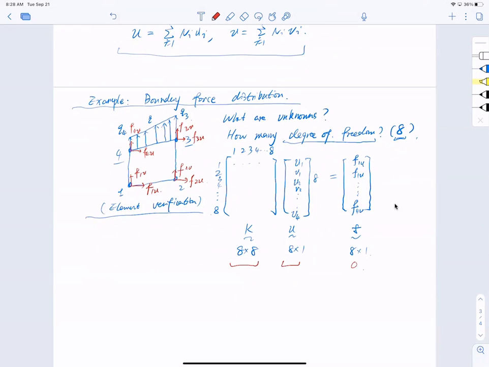So if I have 0 on the right-hand side, whatever K might be, I try to solve for U, and U equals K inverse multiplied by the nodal force F. Now F is 0, what do I get for U?